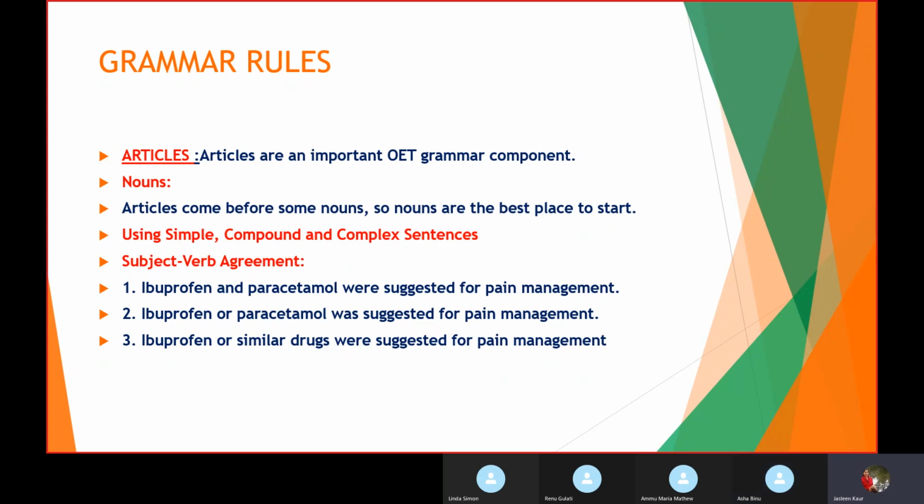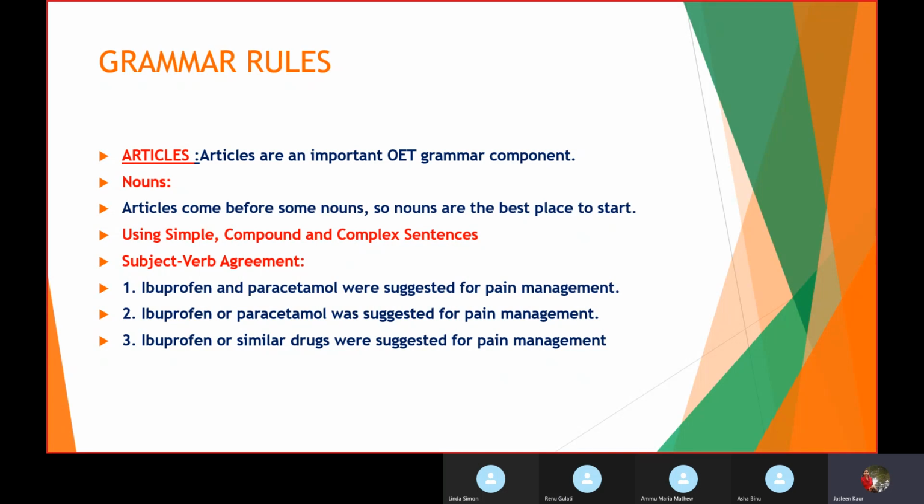It's all correct. So you need to remember, when we say ibuprofen and paracetamol, 'and' means we are giving both. Were suggested for pain management. Were, because the two medicines are plural.